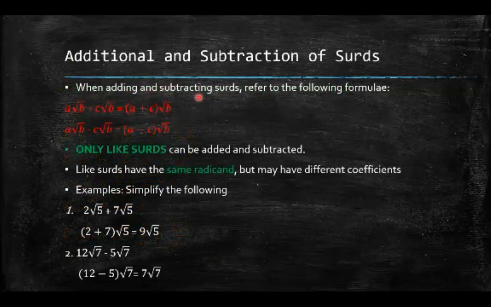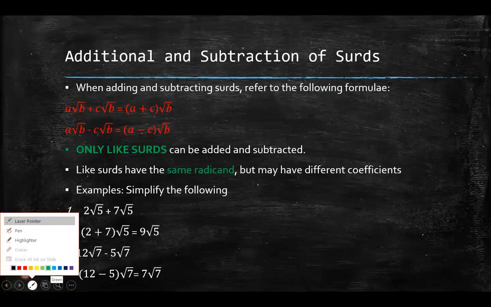When adding and subtracting surds, these are the 2 you would be using. a square root of b plus c square root of b would give me a plus c square root of b. I'm going to explain that just now, don't get worried. And we would also use this one: a square root of b minus c square root of b would give me a minus c square root of b. It's very important for you to know that only like surds can be added and subtracted.